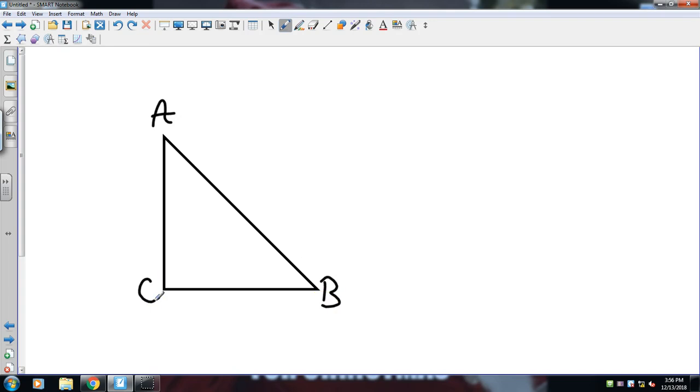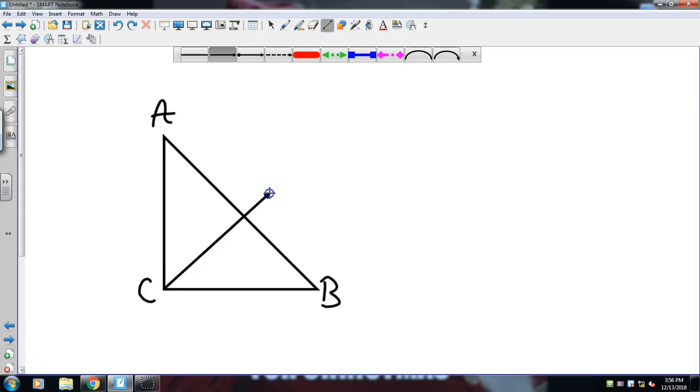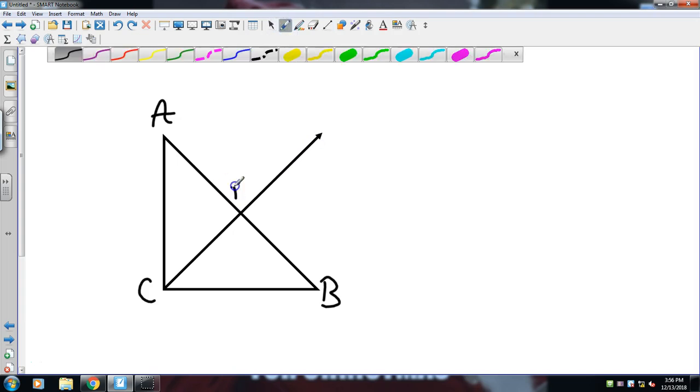And so we're going to have a bisector that's going to cut angle C. And so since that's 90 degrees, we know it's going to be about half. That's pretty close. We're going to call that intersection point D.